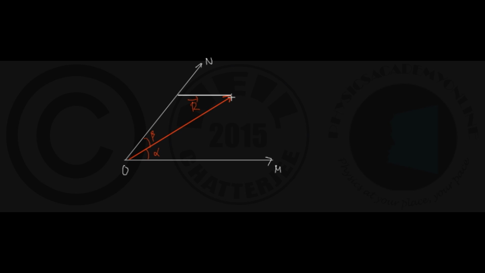Similarly, from the tip I draw another line parallel to ON, which cuts the line OM at a point. It's important that I should be giving names of them as well. So the original vector R, let me call that OA. A is the tip of it, O was of course the tail, and the foot of the line drawn from A on OM, I am calling it B, and similarly on ON, the foot of the line drawn is called C.